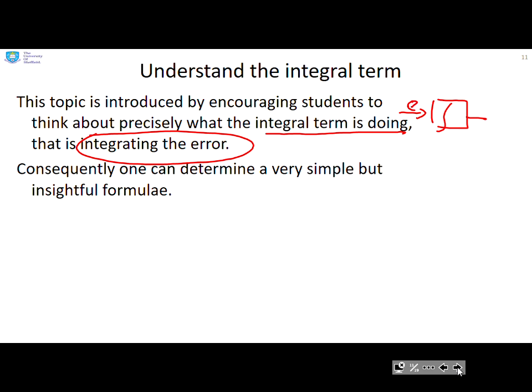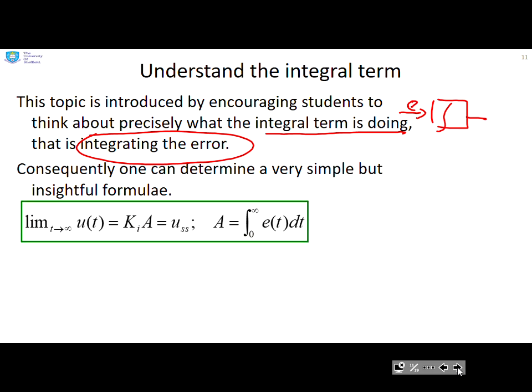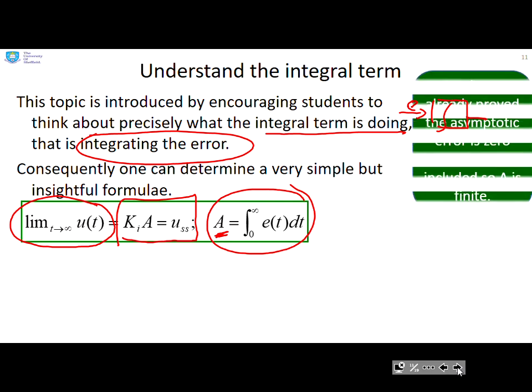Now we can use this to derive a very simple but insightful formula. So the limit as time goes to infinity of u of t is going to depend upon the integral from 0 to infinity of e of t. I've given that a value A, and so you're going to find that we get this expression here. Ki times the area is u steady state.